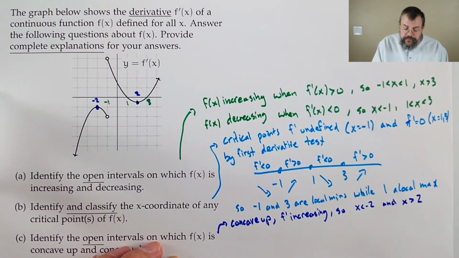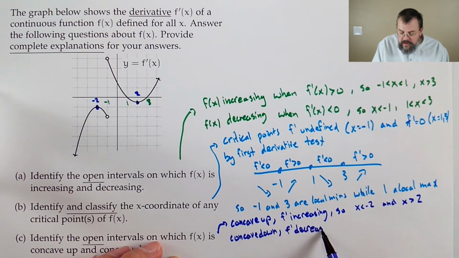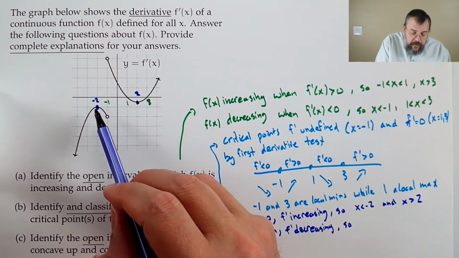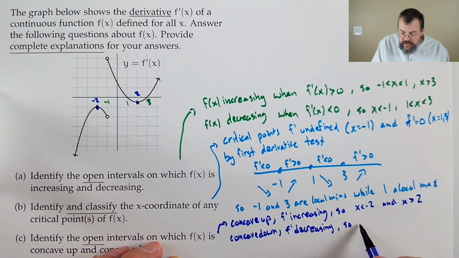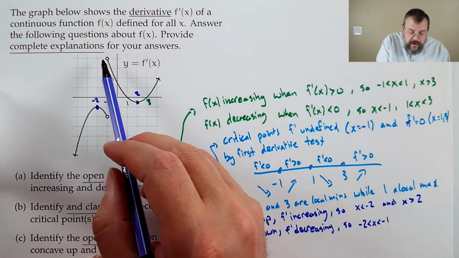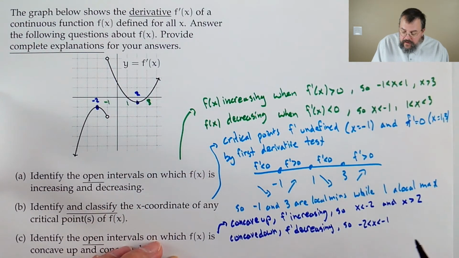That's concave up. Concave down, well, what would that be? That would be f prime decreasing. So we're going downhill. Okay, so when are we going down? Well, from -2 to -1, we go downhill. And also from -1 to 1, we go downhill. But what do you notice?